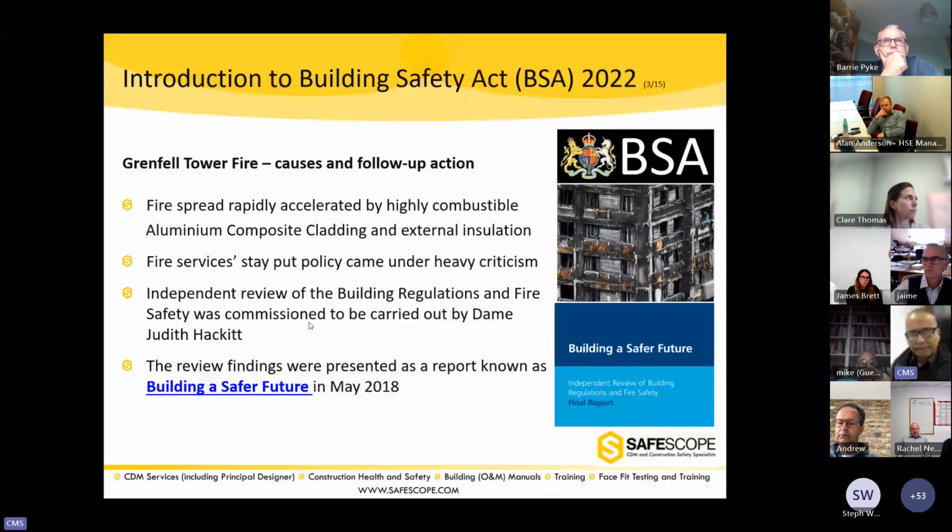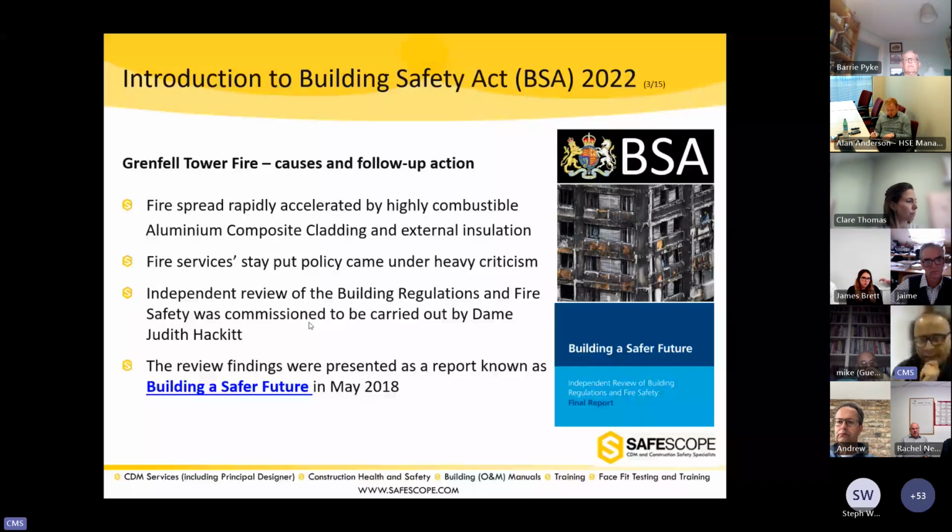Hence the review was conducted to establish what went wrong and the background cause. The review was commissioned by Dame Judith Hackitt. Her findings came out entitled Building a Safer Future, which is available, in 2018.